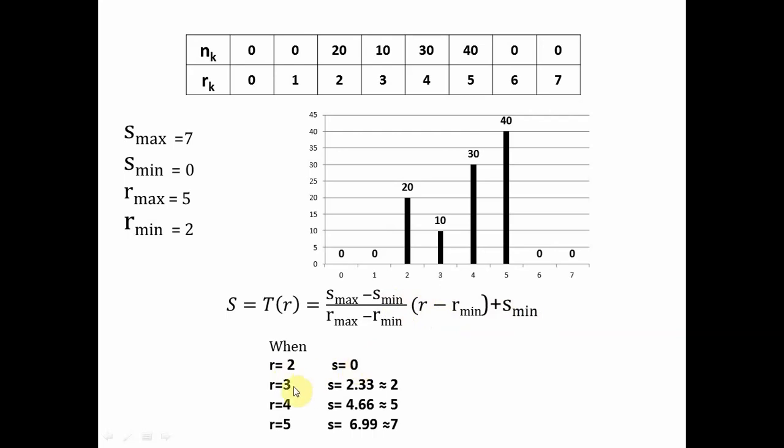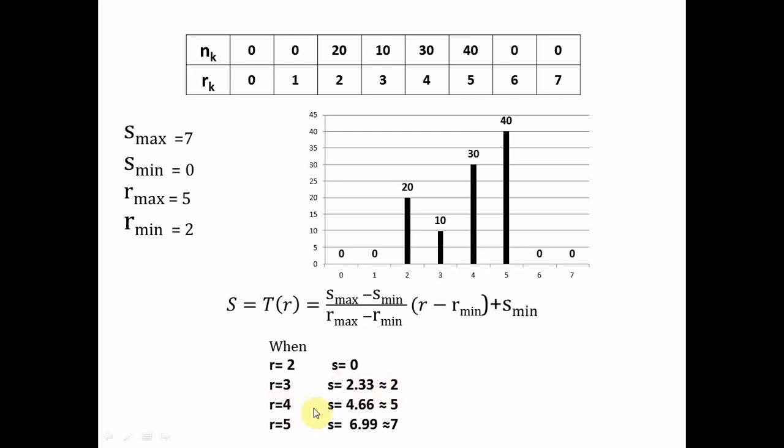Then when R is equal to 3, you replace the R value with 3. You have S max, S minimum, R max, R minimum, and you calculate the value S. When R is equal to 3, S is 2.33, which is approximately 2. The approximate value for 2.33 is 2 after rounding down.